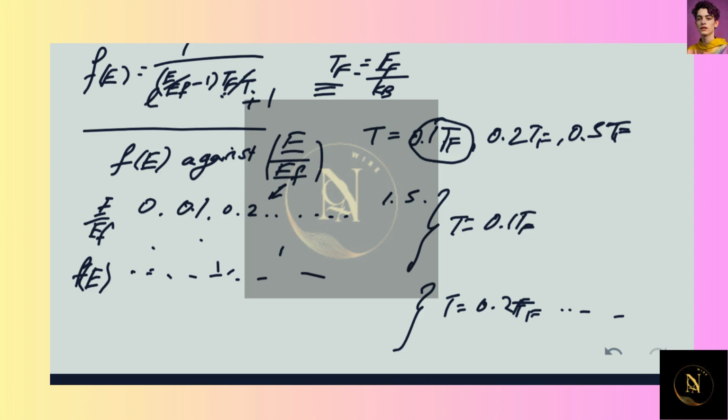So when E over EF is less than 1, this will be negative infinity. And when E over EF is more than 1, then this will become 0, because the exponent will become positive infinity, so this is 1 divided by infinity, which becomes just 0.